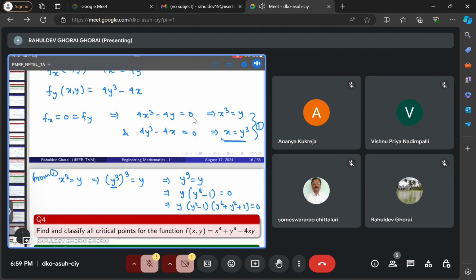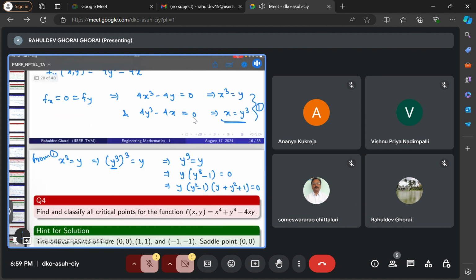Let me just check whether this is so. If we write it in the form of x cube minus y cube, that is nothing but (x minus y) times (x square plus xy plus y square).